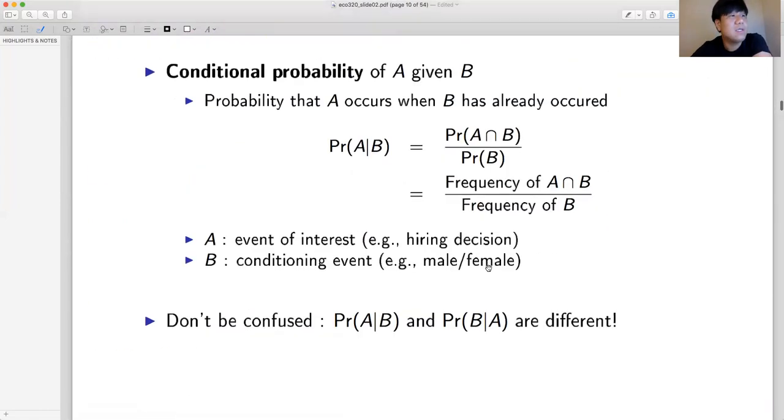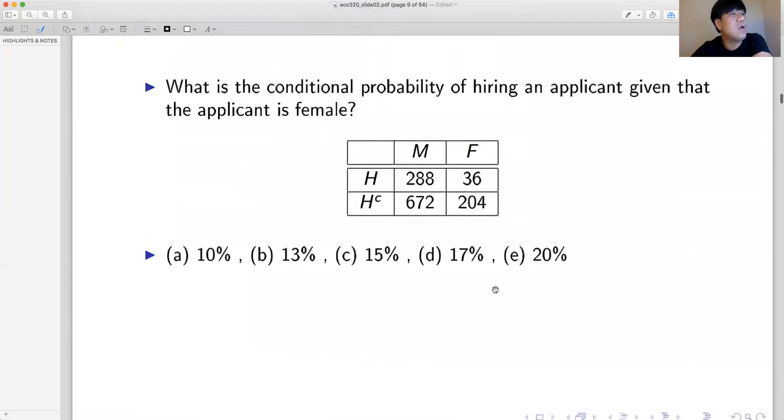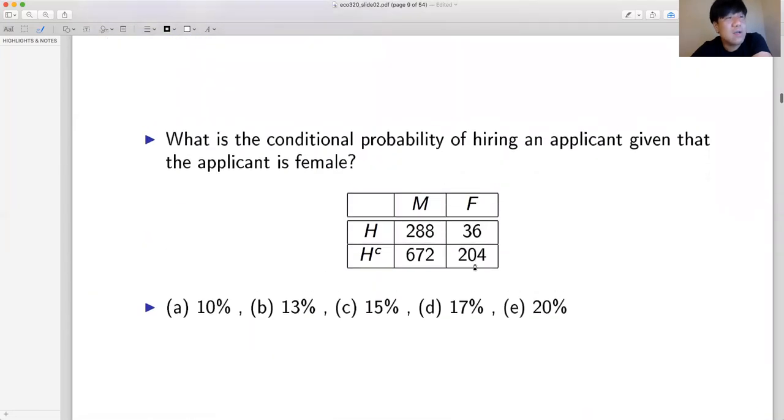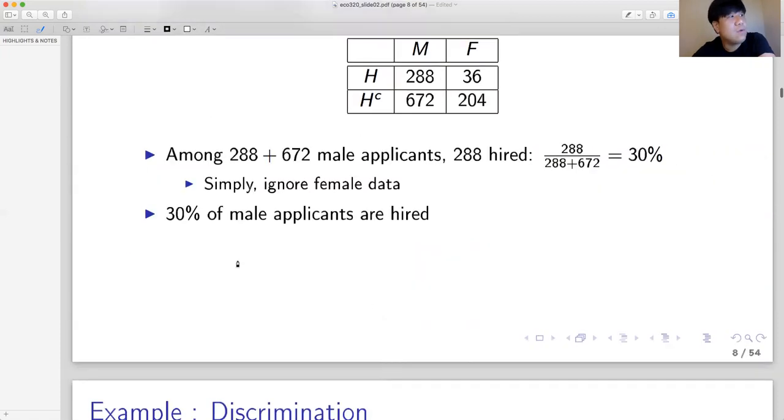So 36 divided by 240 equals 15%. So the conditional probability of being hired, given they are female, is only 15%. It was 30% for males.